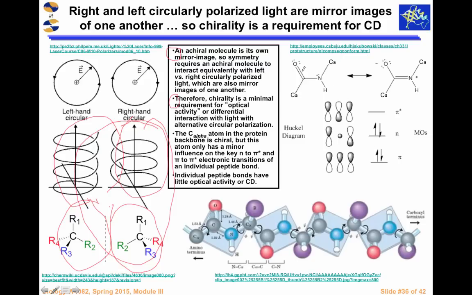Effectively, the sigma bonds here are not shown at all. What this is showing are the pi bonds, which end up having two occupied orbitals.